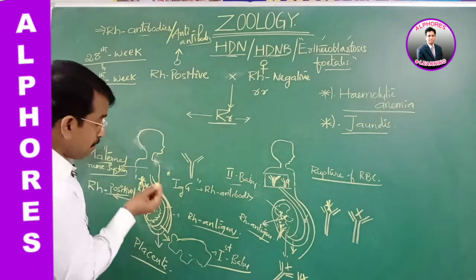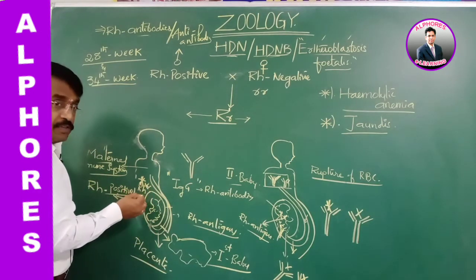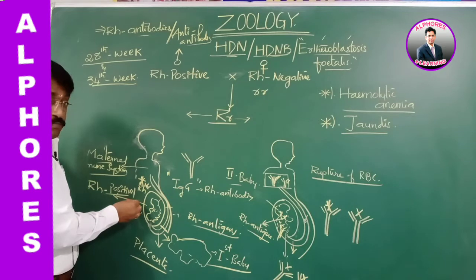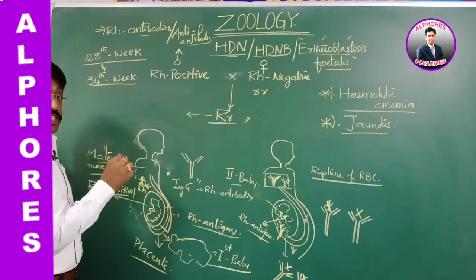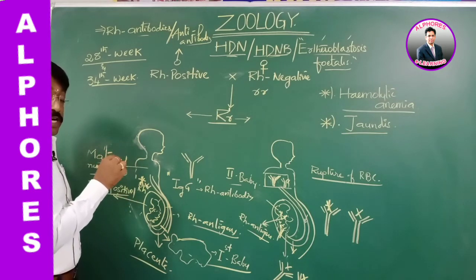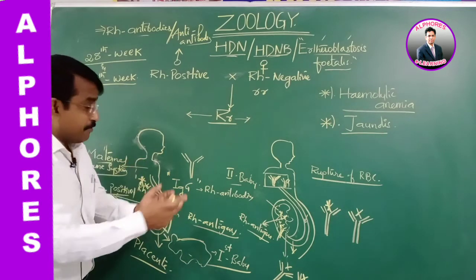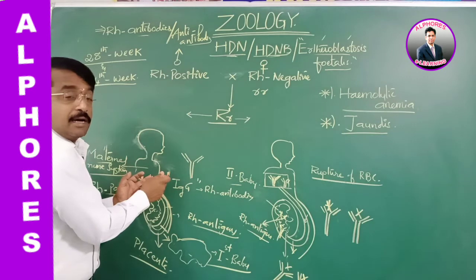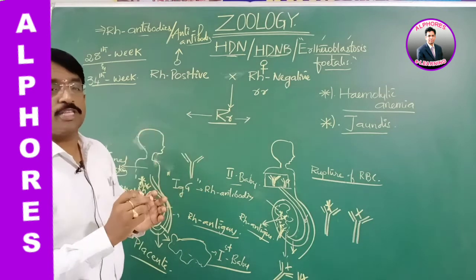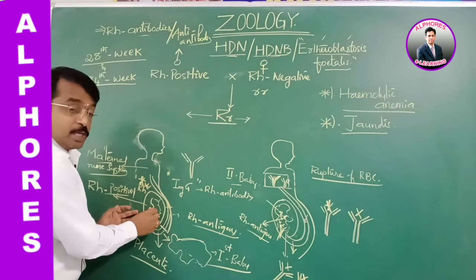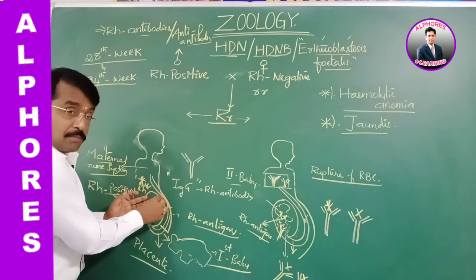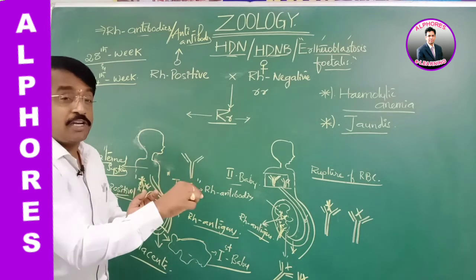These Rh antibodies will bind with the Rh antigens of the fetus. Generally, sensitization takes place by the Rh antigens of the fetus. If these Rh antigens are prevented from sensitizing the mother by providing Rh antibodies, the Rh antigens of the fetus, which are released into the mother's blood circulation, cause clumping as soon as Rh antibodies are given.